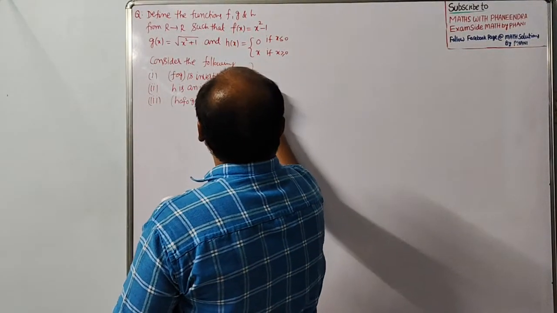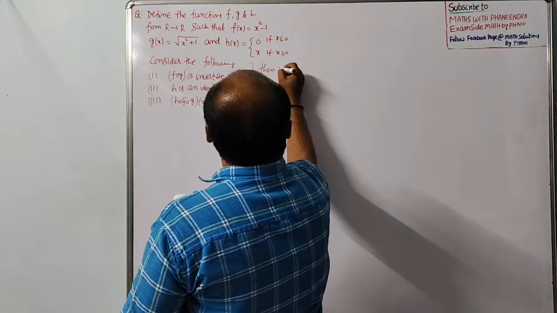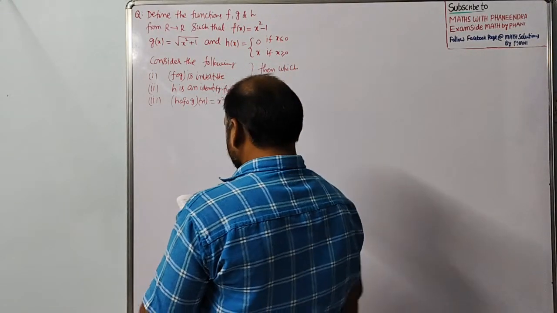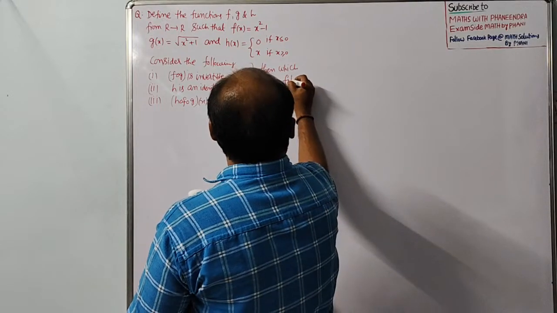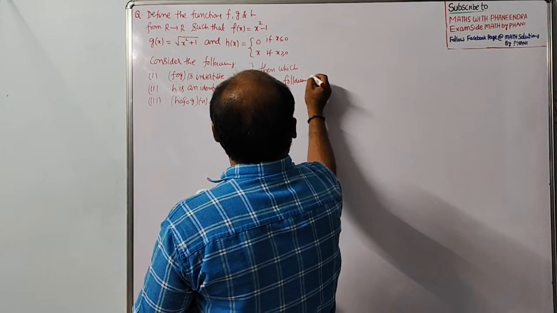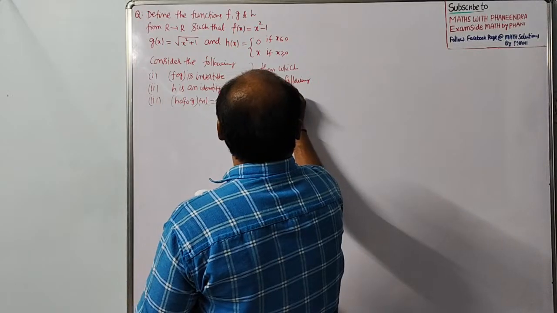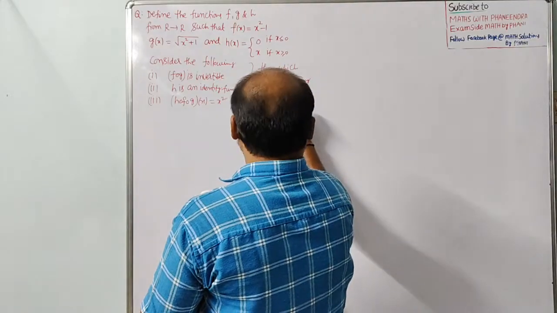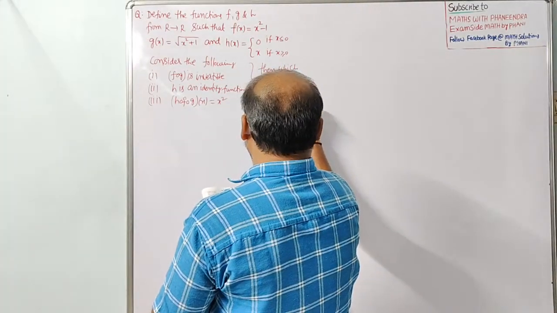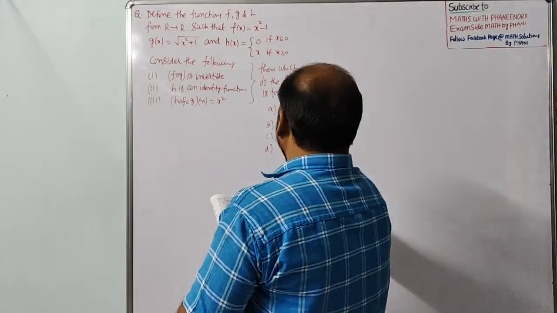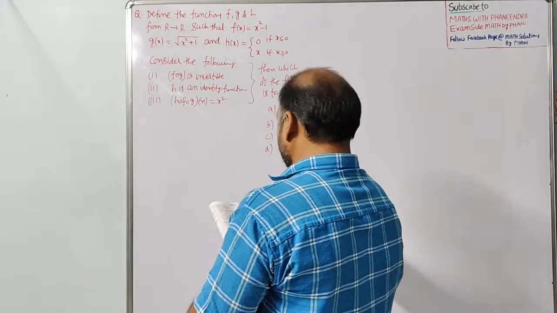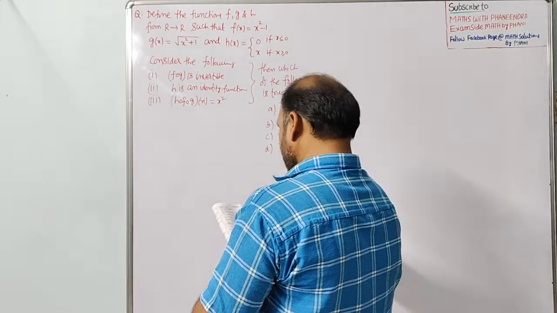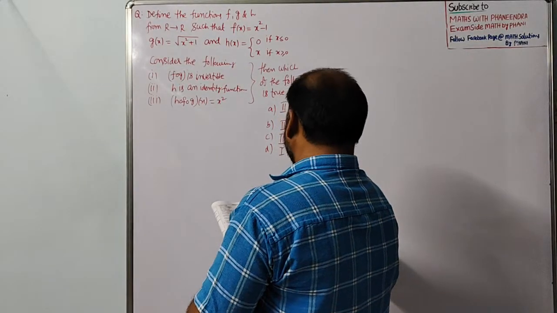Then which of the following is true? The first option, second and fourth, second and third, third and fourth, first and second.